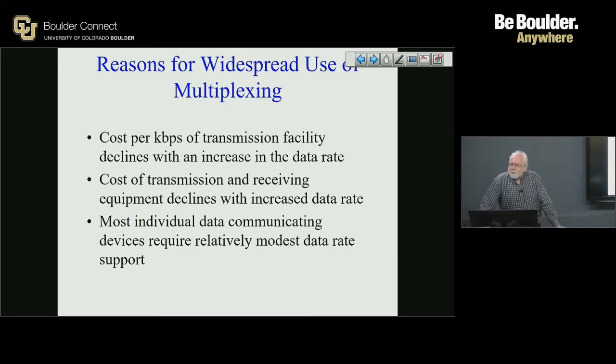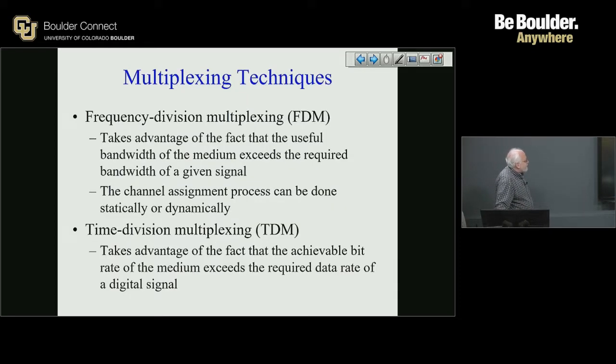Before many of you were born, telephone systems ran over an FDM system where every voice circuit was a 4 kilohertz wide channel, and then they would put all those together in frequency division multiplexing, and then send those out over wider and wider channels. Those are called groups. 12 voice channels was a group. You could have 60 voice channels in a super group, and you could have super master groups. This was all analog way back when. It's really clumsy. Today we do it much more efficiently with digital multiplexing.